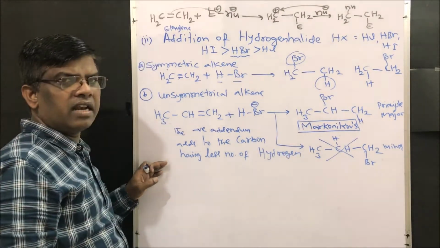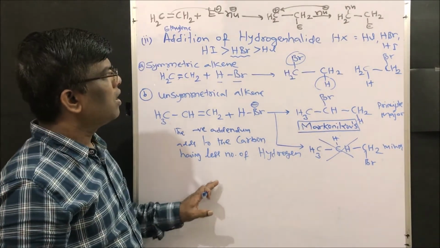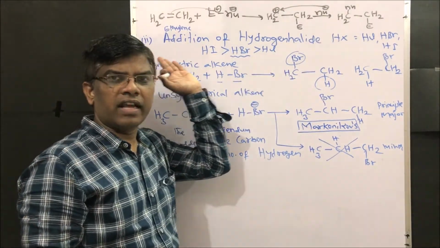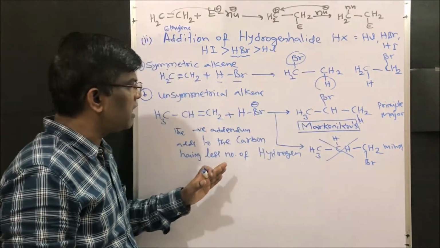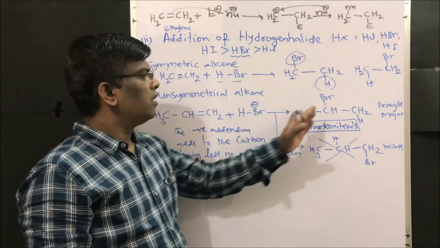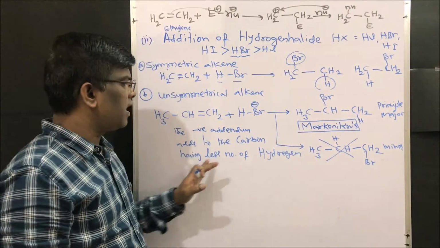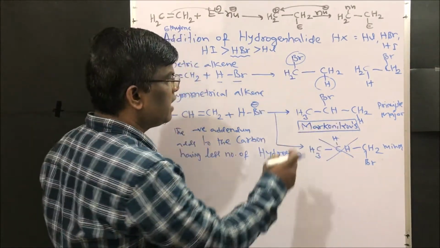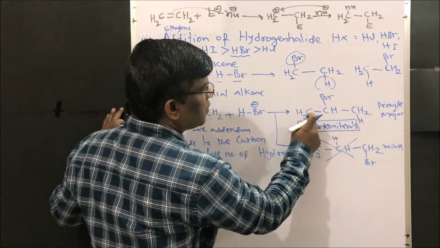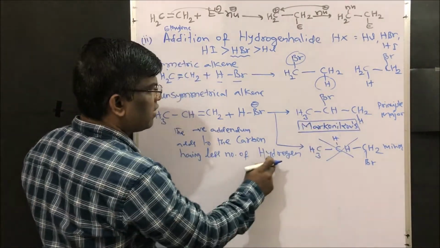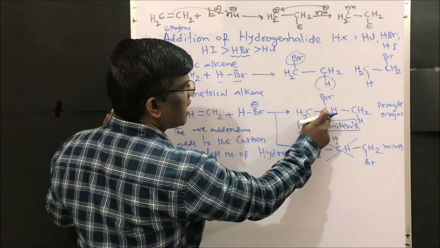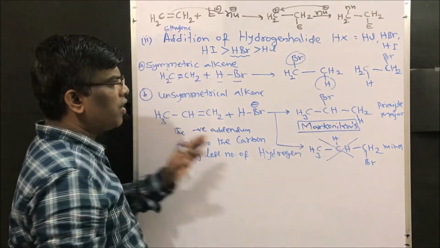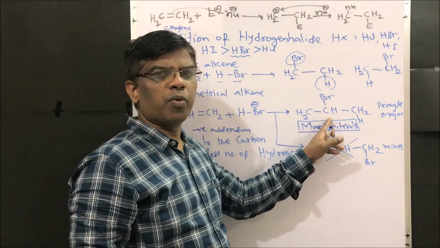So in any given compound, during the electrophilic addition reaction of alkenes, the negative addendum will be added to the carbon which has fewer hydrogens, or which is highly substituted. Among these three carbons, this is the carbon having the fewest hydrogens. So as per Markovnikov's rule, we are going to get exclusively 2-bromopropane.